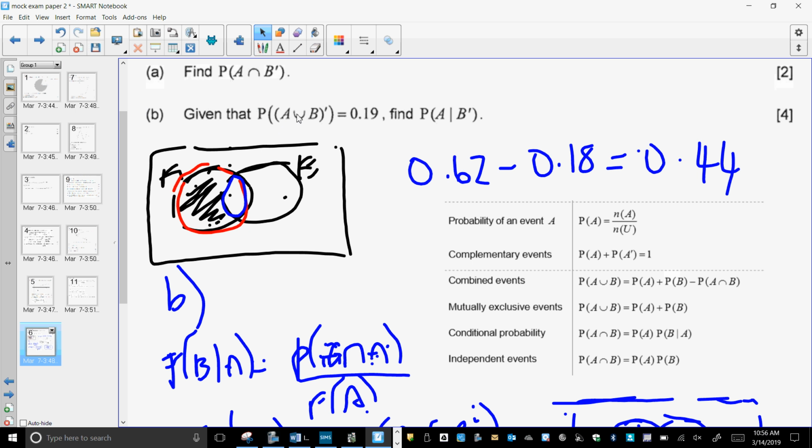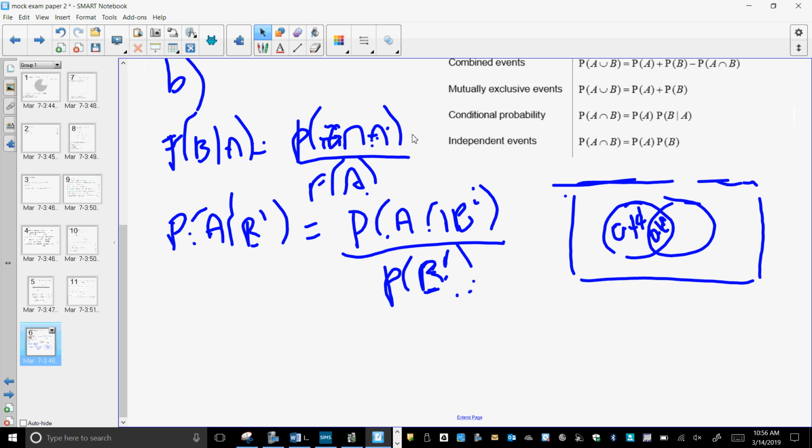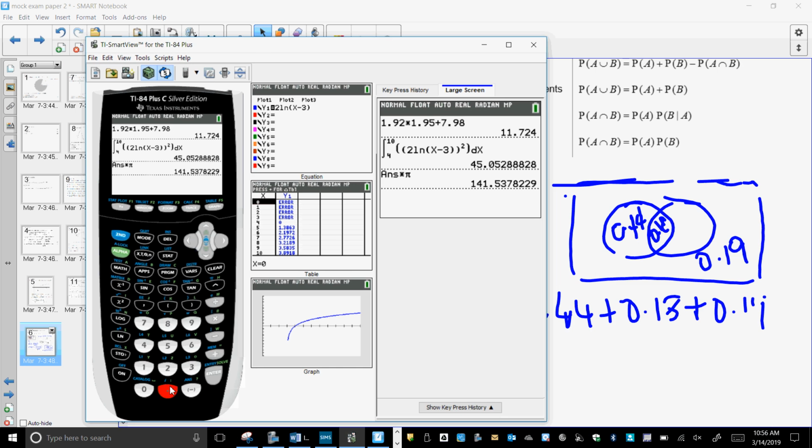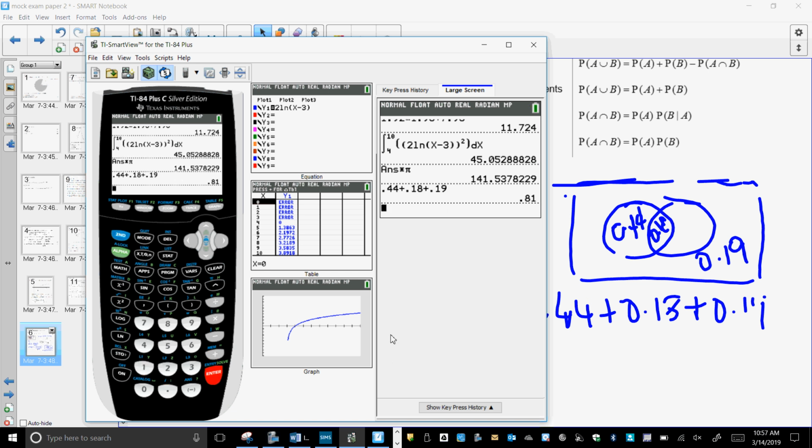Now they've given us A union B complement, so that means everything that's outside of A union B, so out here is 0.19. Well, that means that this part here is the only bit we're missing. So we're going to add 0.44 plus 0.18 plus 0.19, which gives us 0.81.